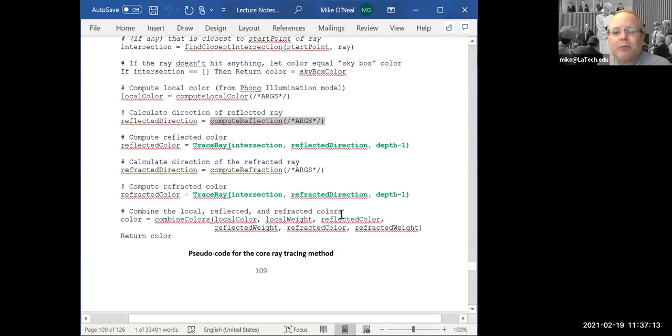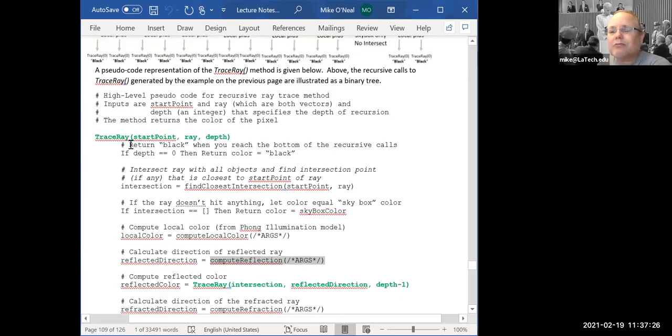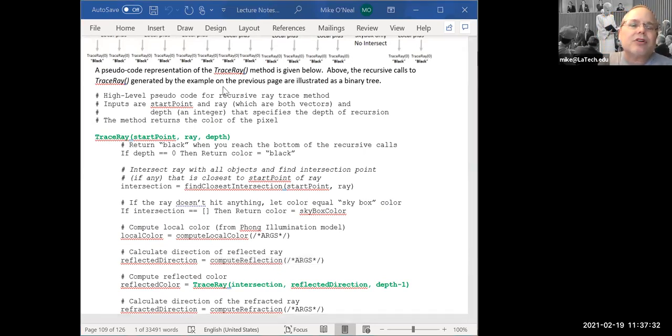So your local color will have some weight, your reflected color will have some weight, and your refracted color will have some weight. That'll give you color, and that is what is returned by trace ray, because trace ray, which will be called for every pixel, has the job of returning the color of that pixel after going through all of the levels of recursion.